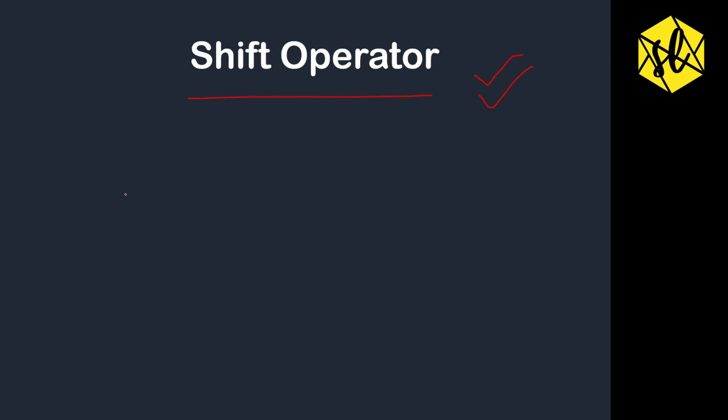So let's take an example of 2. Again we are taking 2. The binary equivalent of 2 is 0, 0, 1 and 0.